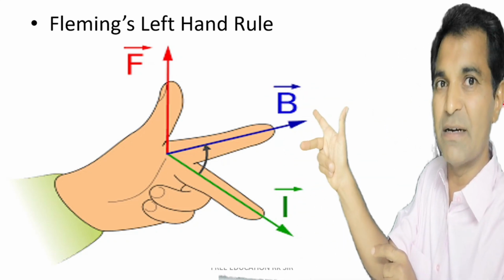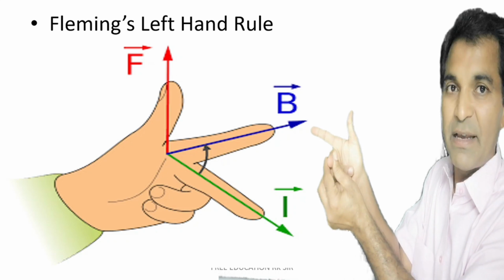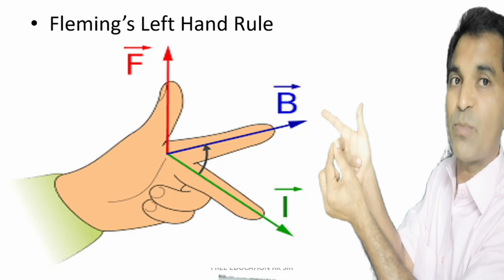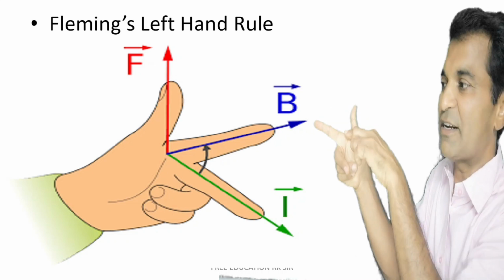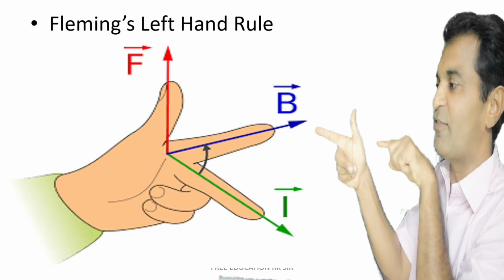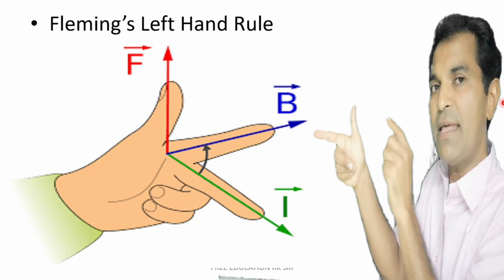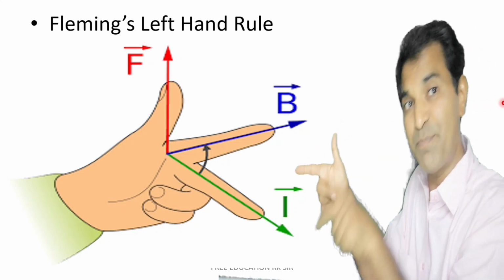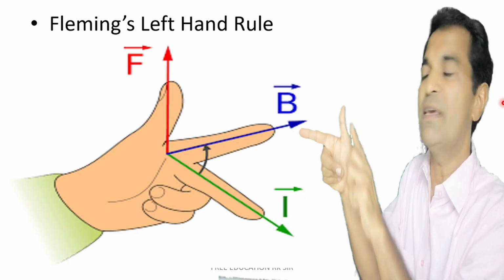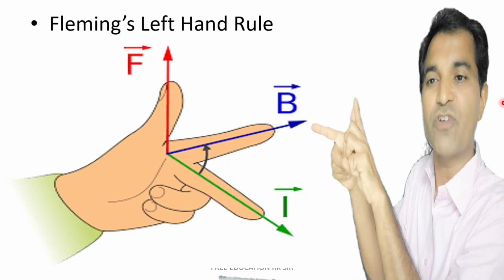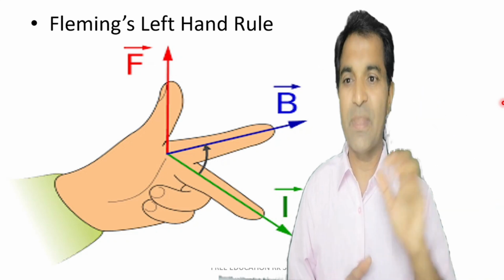If these three fingers are kept perpendicular to each other, the central finger represents the direction of current passing in a conductor, the forefinger represents the direction of the magnetic field, north to south, right? And then the force experienced by this current carrying conductor will be given by the direction of the thumb. Now let us try to understand that in a real way.